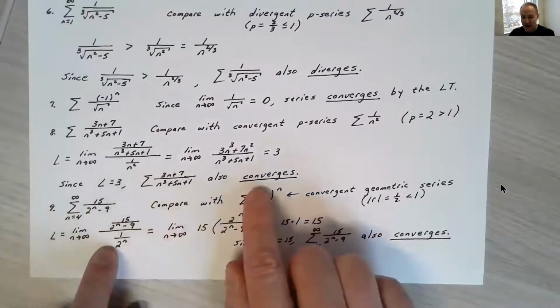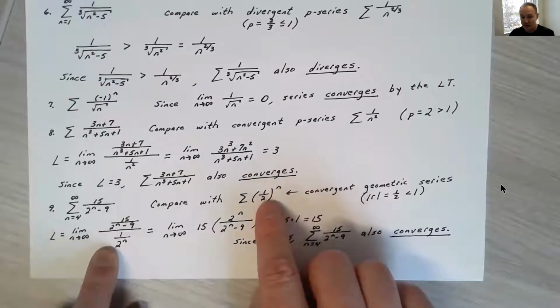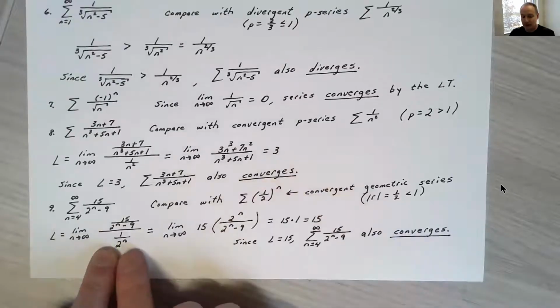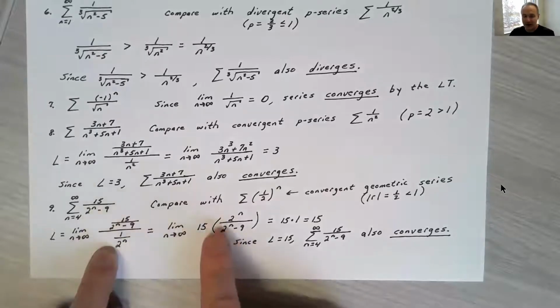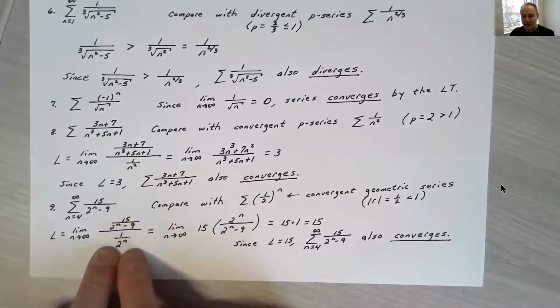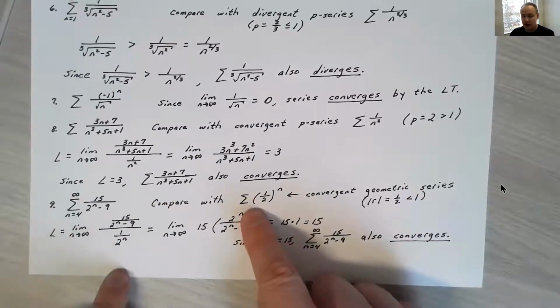Please notice, instead of writing it as 1 over 2 to the n, I wrote (1/2) to the n. In this format, it's better to write it like this. It means the same thing, but the reason this is easier is that now I can factor the 15 out in front. Then dividing is the same thing as multiplying by 2 to the n over 1, which means the 2 to the n goes in the numerator.